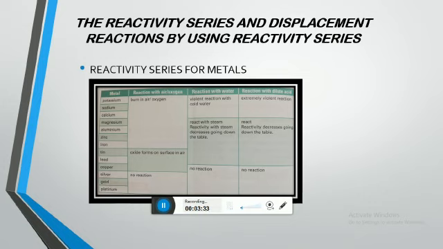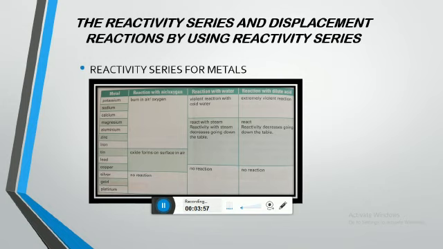Come to the last column on the most right side, the reaction of dilute acid with metals. Again the same thing: potassium, sodium, and calcium react vigorously. In fact, as I told you in earlier videos, the reaction with acid is faster compared to water and oxygen as well.